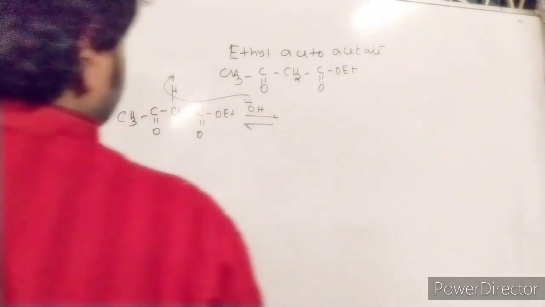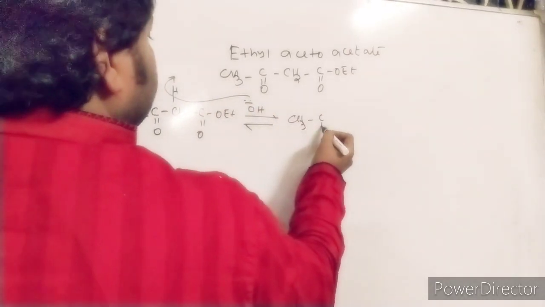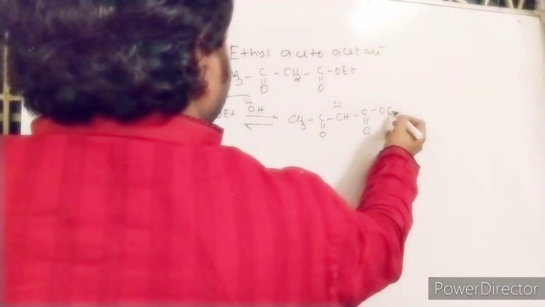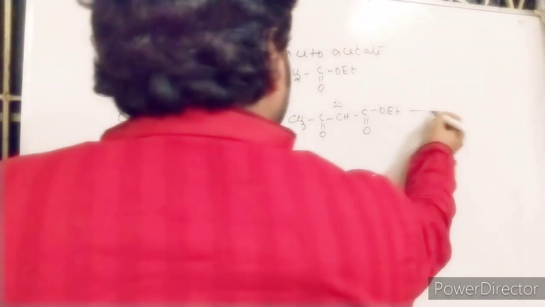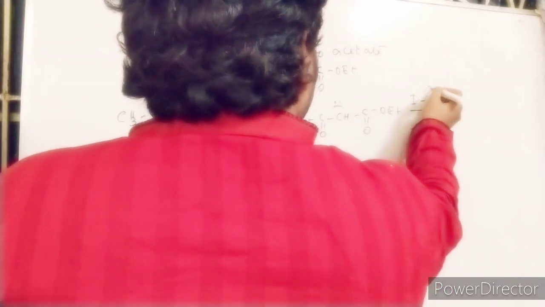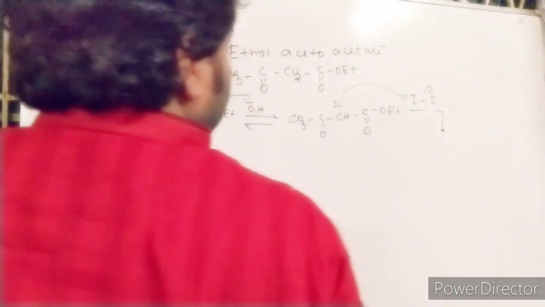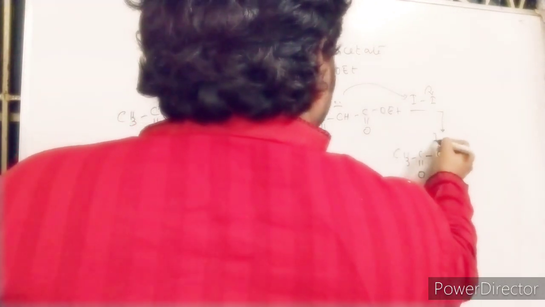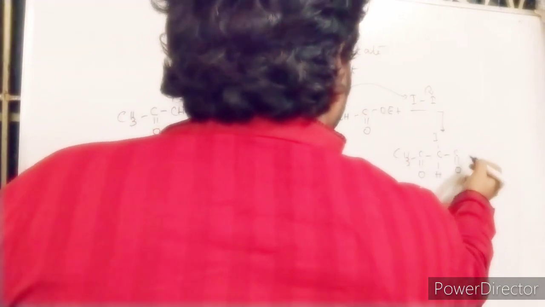So I'm going a little fast. So this will give you CH3COCH minus COOC2H5. After that, you can give it iodine. So that will give you CH3COCHICOOC2H5.